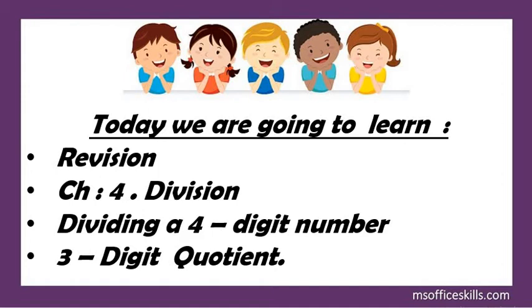And now, students, let's check today's content. Today we are going to learn only this topic. We are going to do a revision of chapter number 4, division. In chapter number 4, division, the first topic we are going to learn is dividing a 4-digit number, with a 3-digit quotient.